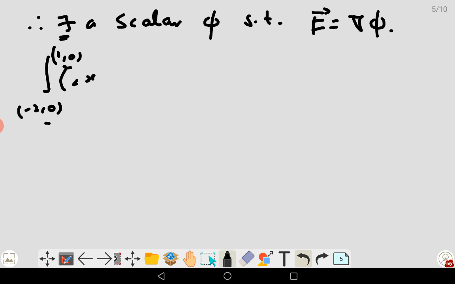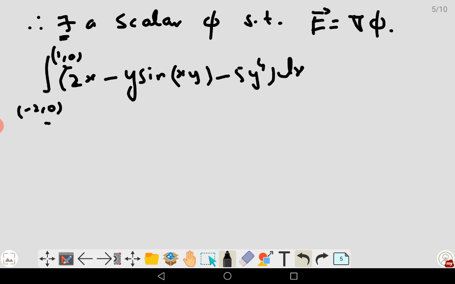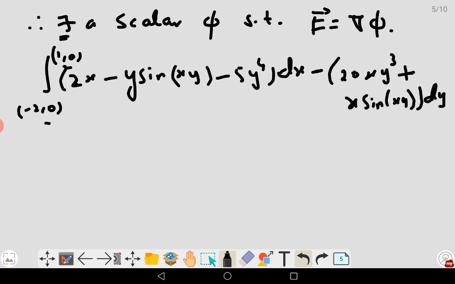So the integration I am writing one more time: 2x minus y sin xy minus 5y raised to 4 dx, the first part, minus 20xy cubed plus x sin xy dy, isn't it? This term times dx and this term times dy, that's it.